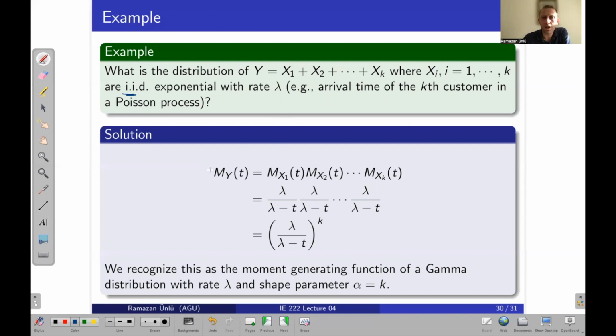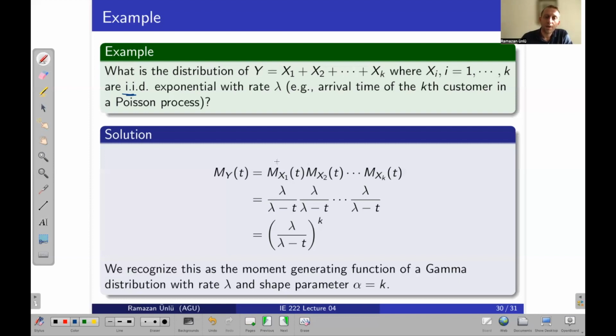Remember that the moment generating function of y, where y is the sum of some other random variables, is the product of the moment generating functions of those individual independent random variables. So the moment generating function of y will be equal to the moment generating function of the first random variable times the moment generating function of the second, and all those random variables are independent of each other. But in this case, they are also identical.